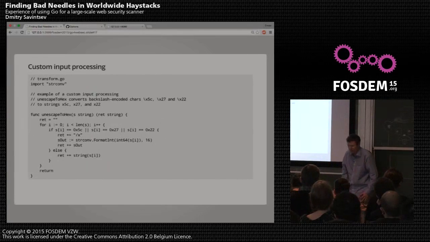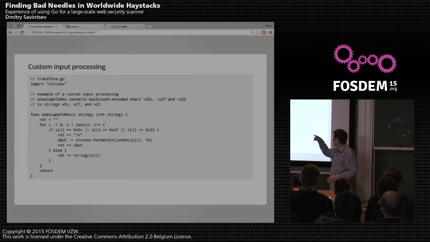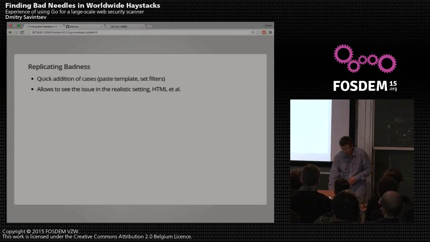And here's an example of custom processing. It doesn't come up often, but there was a bug where the escaped \x would be converted to the normal characters. So that function just undoes it. This is kind of a corner case.